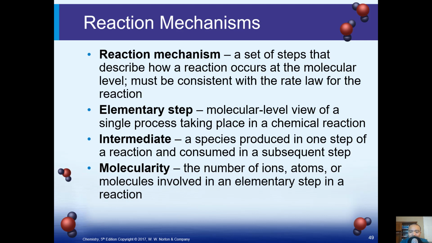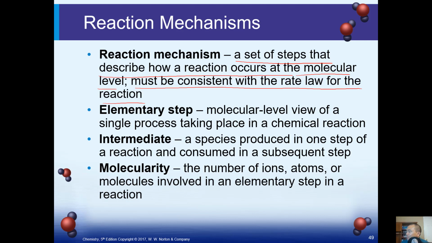But why are some reactions first order and others second order or zeroth order? To explain this, we need to examine what actually happens at the molecular level during the reaction by proposing a reaction mechanism. A reaction mechanism is a set of steps that describe how a reaction occurs at the molecular level, and this must be consistent with the rate law for the reaction.